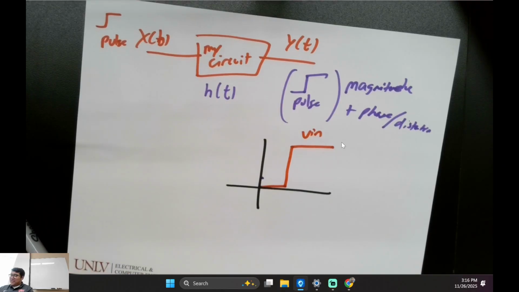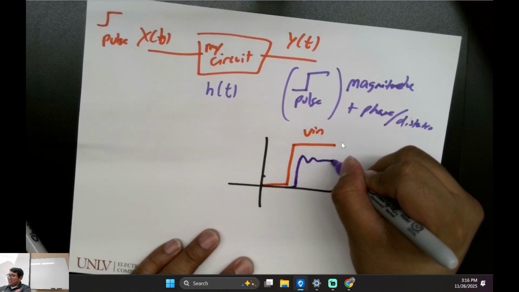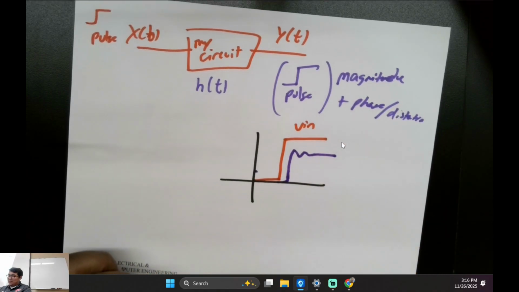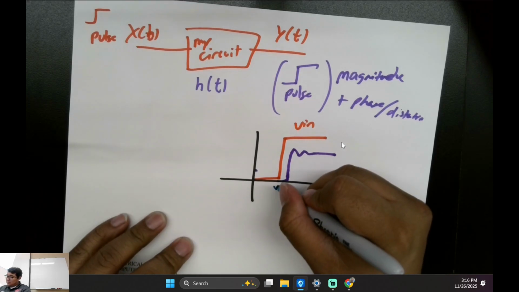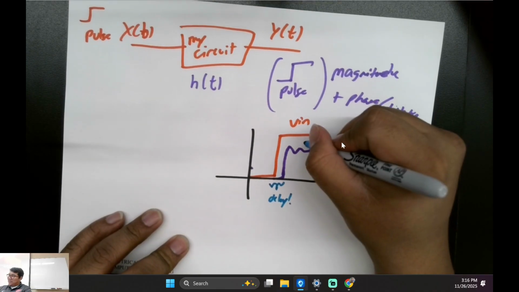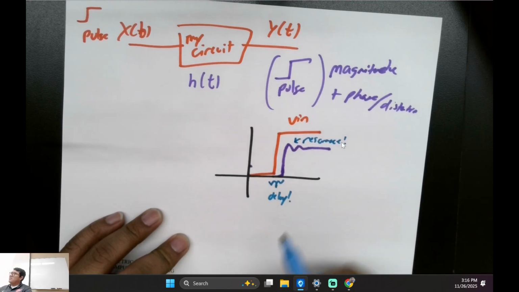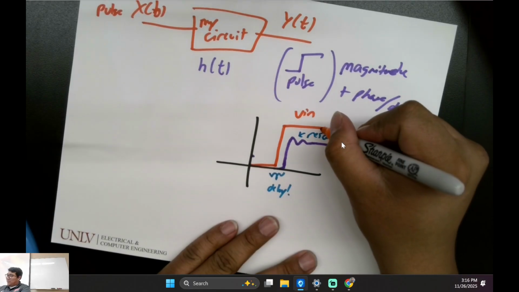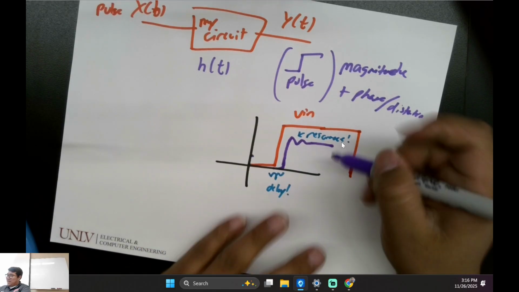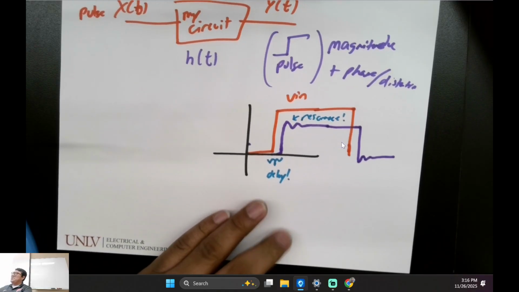But then V out might do something like this, where it comes out with a little ring, and then there's a delay right here. Let me draw this delay. And this is called ringing, or resonance. If I keep going and go down, you'll see that same pattern again. That's what you're going to see in the labs.